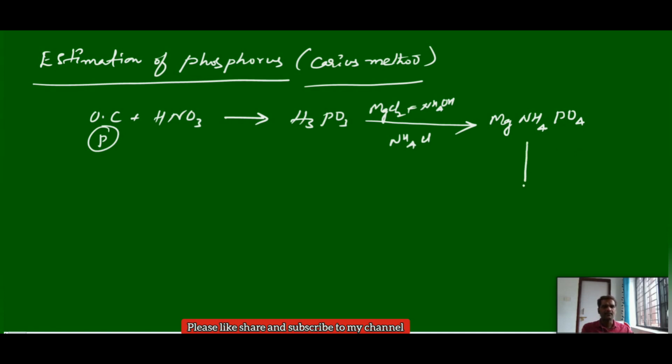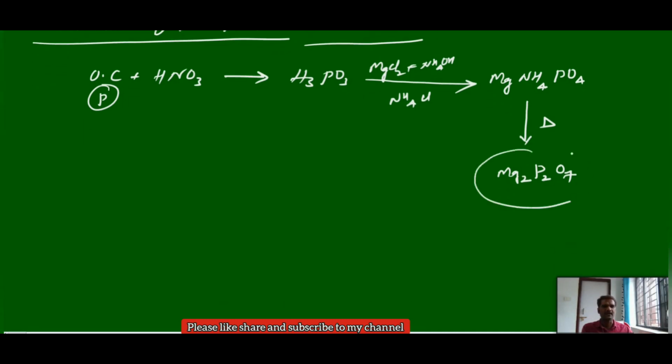This magnesium ammonium phosphate, if you heat it at high temperatures, you will end up with magnesium pyrophosphate, that is Mg2P2O7. You will end up with this final precipitated phosphorus in the form of a precipitate. So we are converting the organic compound which has the phosphorus into magnesium pyrophosphate.